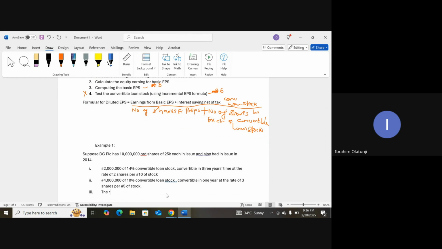3. The reported profit for the year ended 31st December 2014 was 3,500,000.